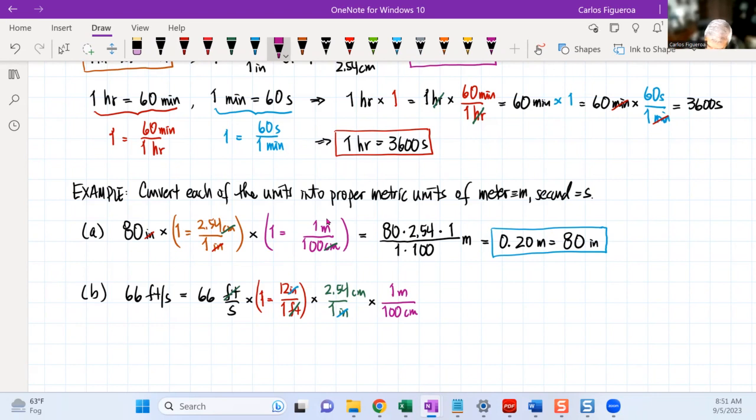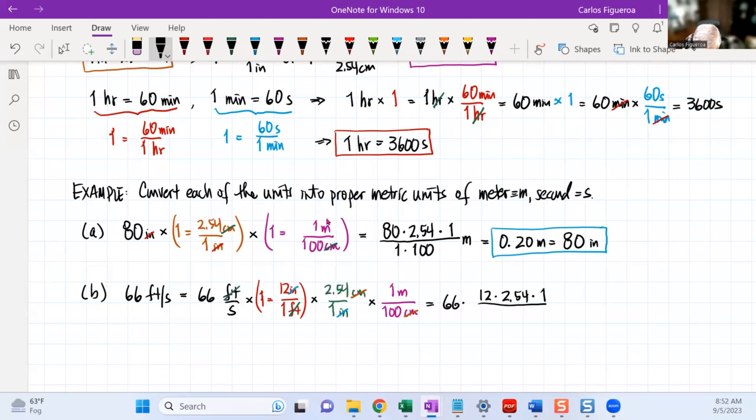And so what I'm going to see here is that the centimeters cancel out with that centimeters. So then if I start multiplying everything through here, you could see that in the numerator I got 12 times 2.54 times 1.